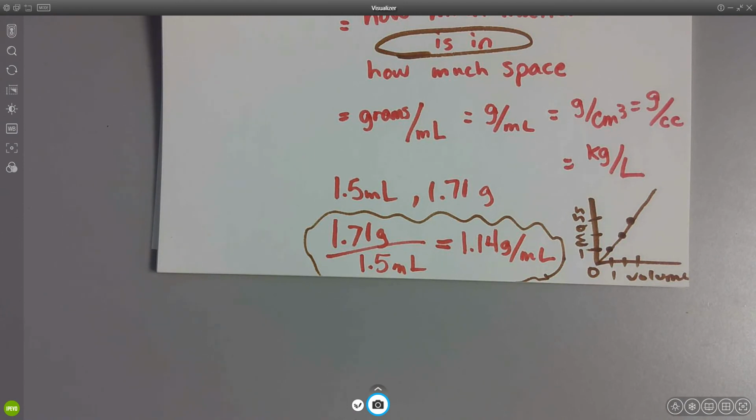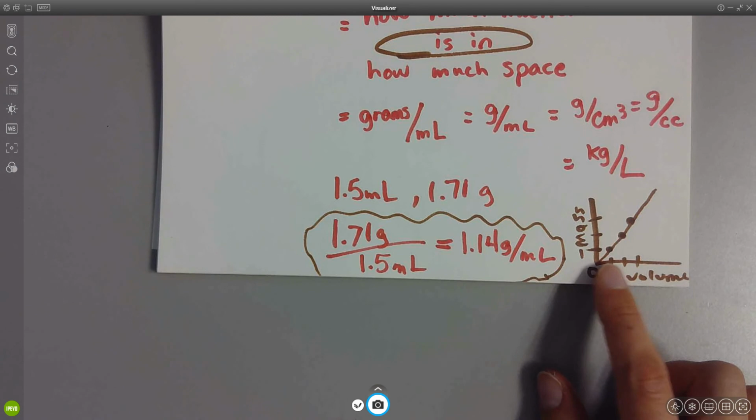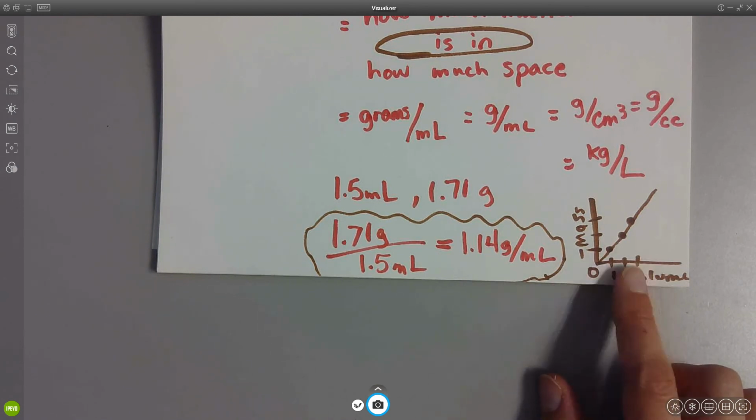Okay, now here's the next question I have for you. What if we measured some different things that were not water? Could we find the density of some things that are not water?